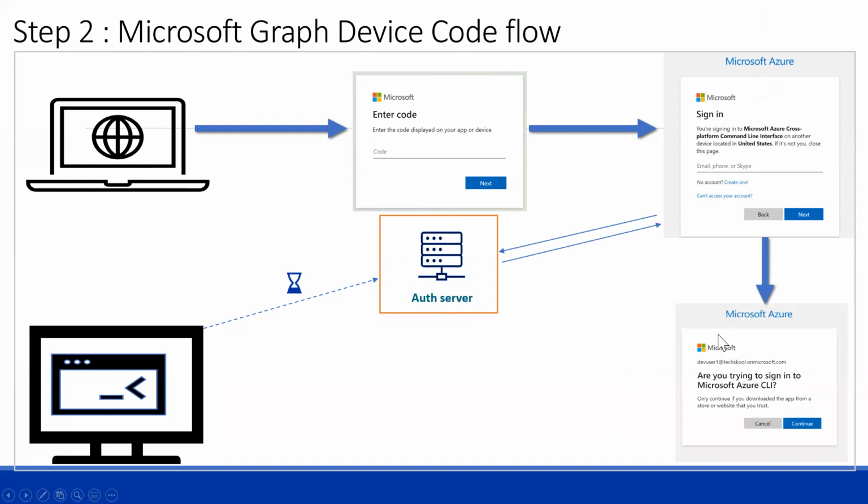Once you are successfully authenticated, you get a prompt asking whether you agree to provide your consent to give the information the device is requesting. Once you approve, the request is sent to the authorization server that the authentication process is completed. Because there is constant polling going on, in the next poll the authorization server will send back that the authentication is completed, and it will return the access token and refresh token.